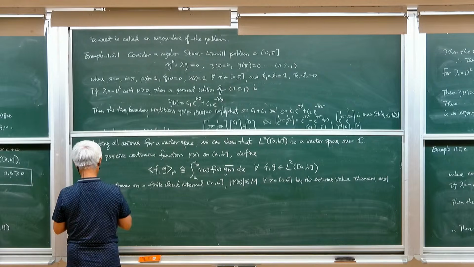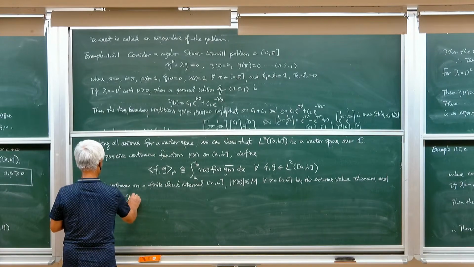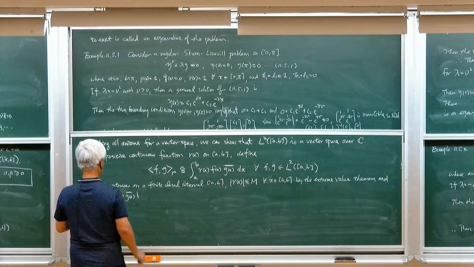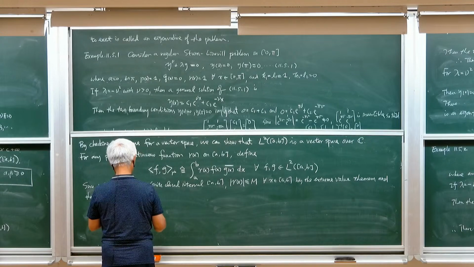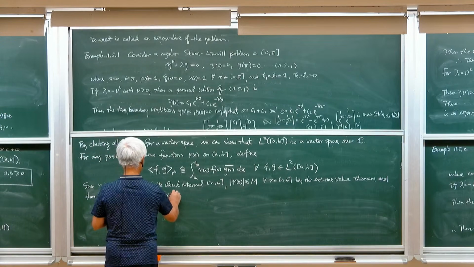And then r of x times f of x times g of x bar, those values are the same, less than or equal to M times the absolute value of f of x and the absolute value of g of x bar.